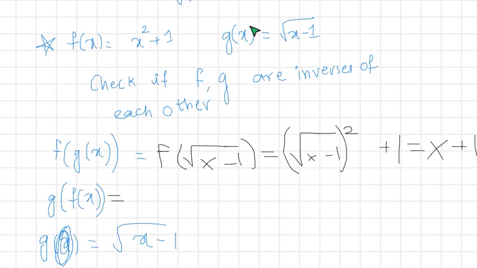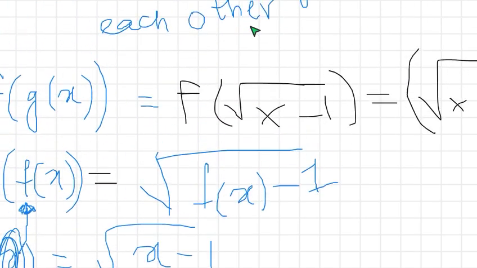Here is x, right? So wherever there was x, we plug it back with f of x. So g of f of x is the same as square root of f of x minus 1. So wherever there was x, replace that with f of x. Okay.